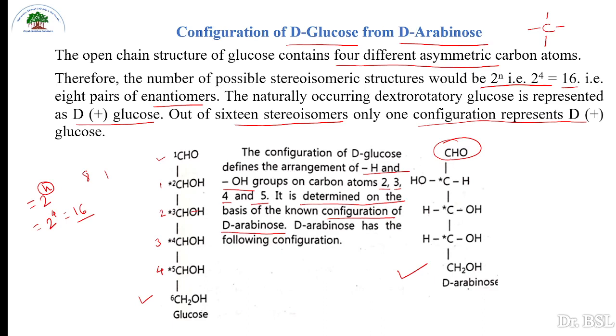So this is 1, 2, 3, 4, 5, an aldopentose, and the specific name is D-Arabinose.